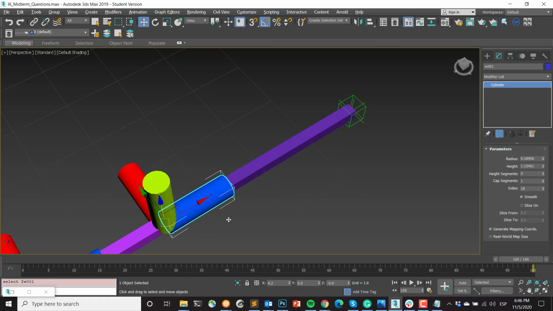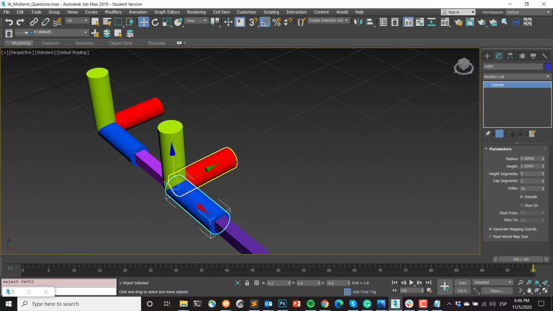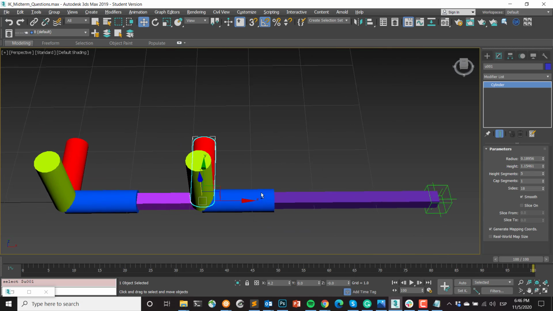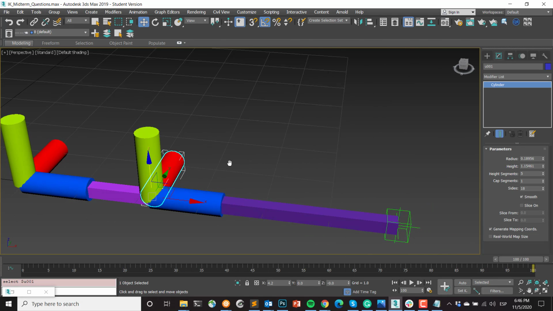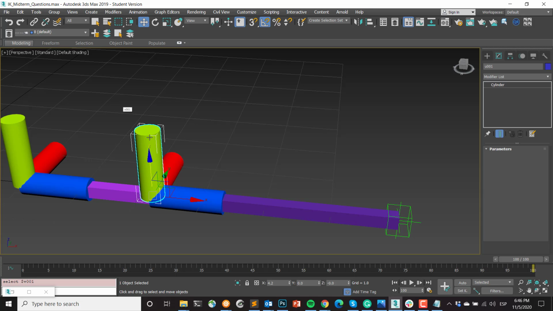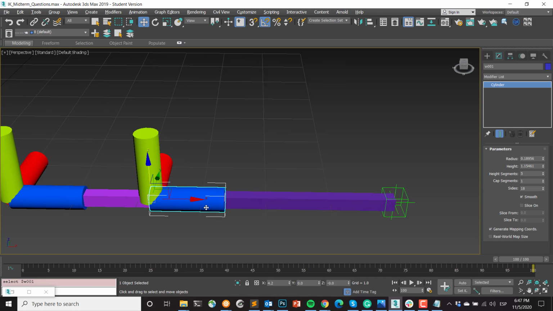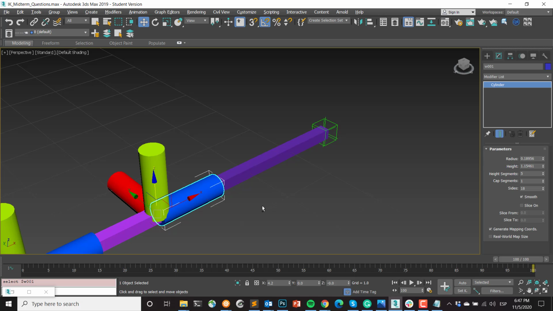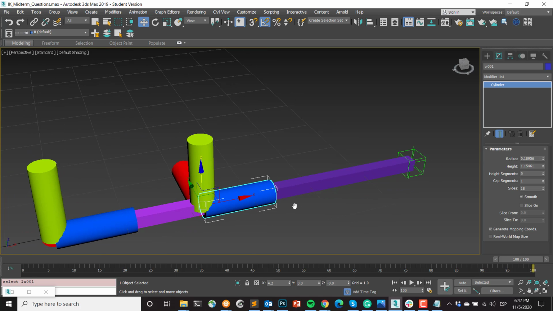The first column, which is the local x, is now pointing in the y direction. The second column is pointing in the z direction, and the last column is pointing in this direction right here, which is x.